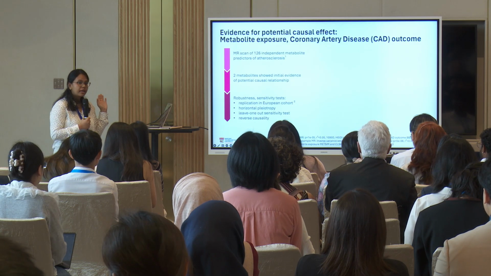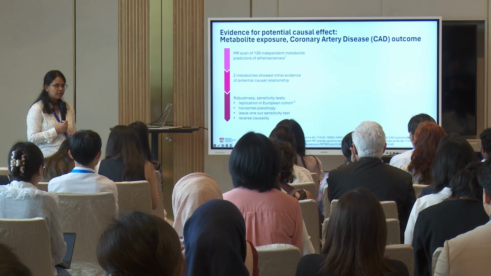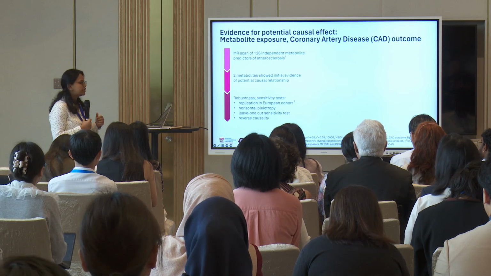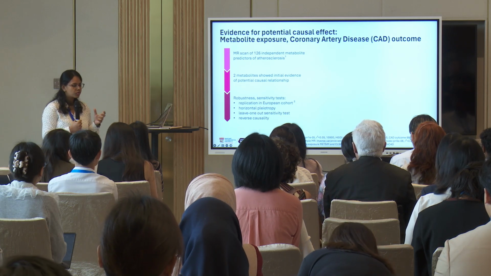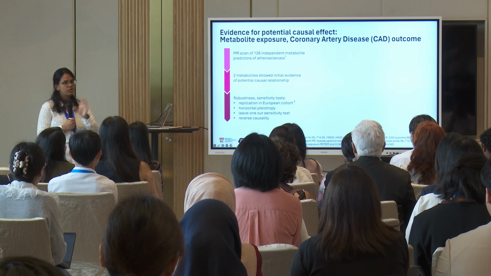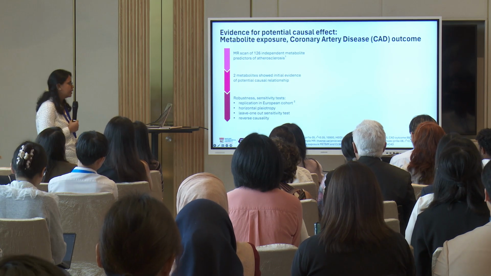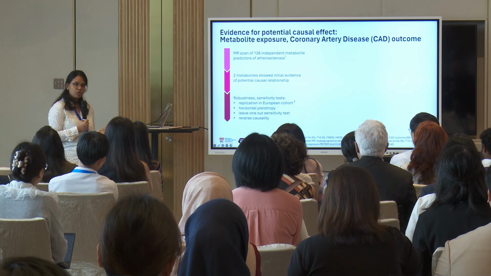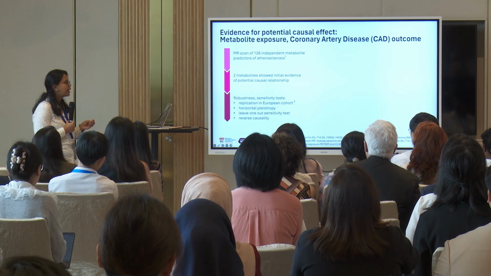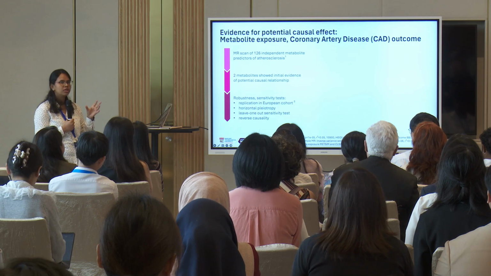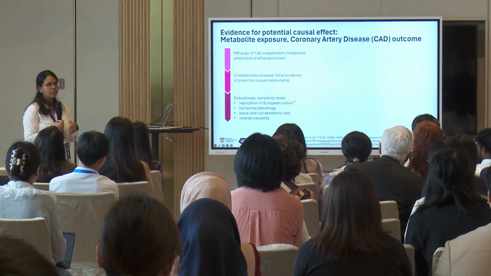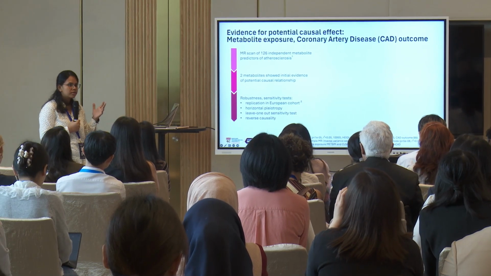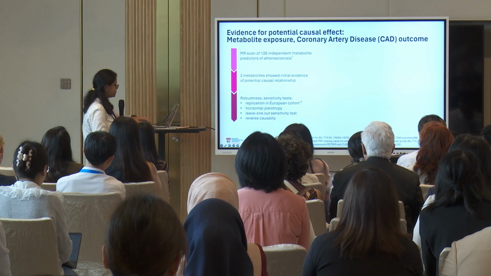So we did an MR scan of all these 126 metabolites identified in the previous step. Here the metabolite was the exposure, so we wanted to understand the effect of the metabolite on coronary artery disease, which is the outcome. The summary data for the metabolite was from our own cohort, Helios SG100K. For the outcome, we took the summary data from Biobank Japan, which is one of the only Asian cohorts with CAD GWAS available.